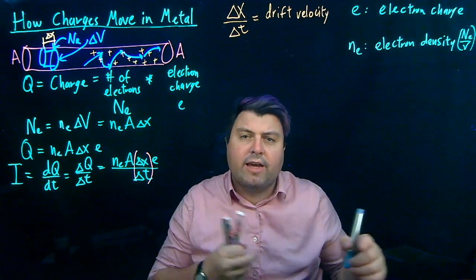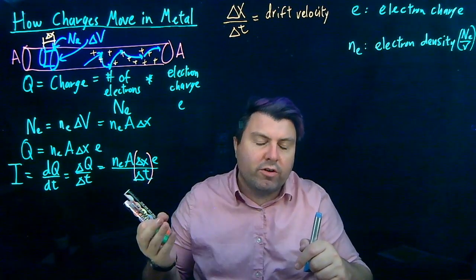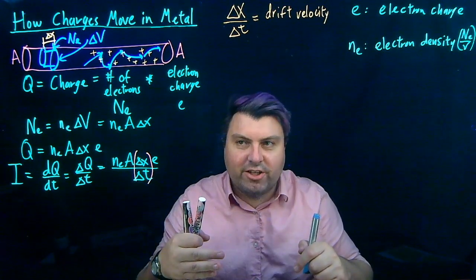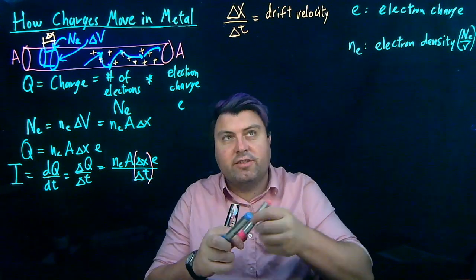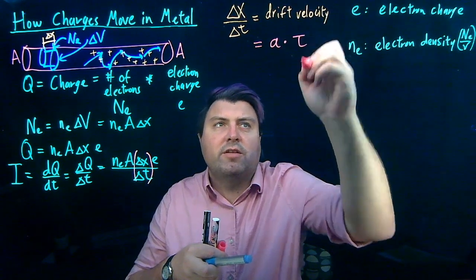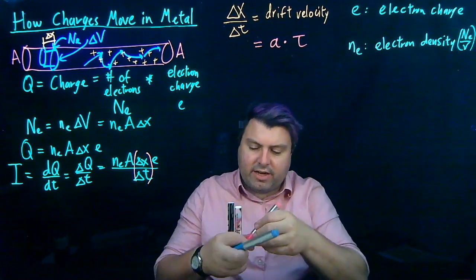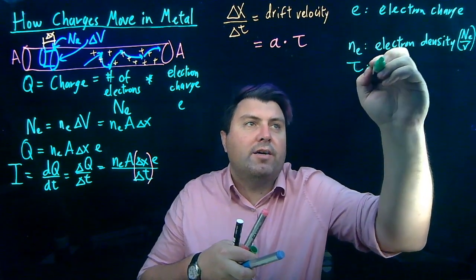We know that velocity is acceleration times time, or usually we say that acceleration is change in velocity over change in time. So we are saying that our delta X over delta T is equal to acceleration times time, and this tau is our flight time.